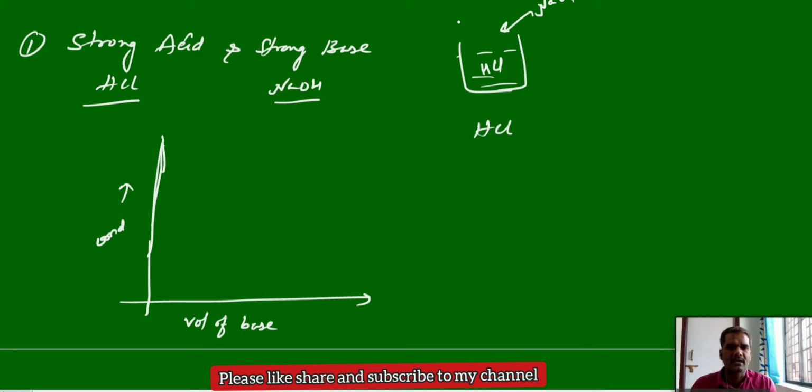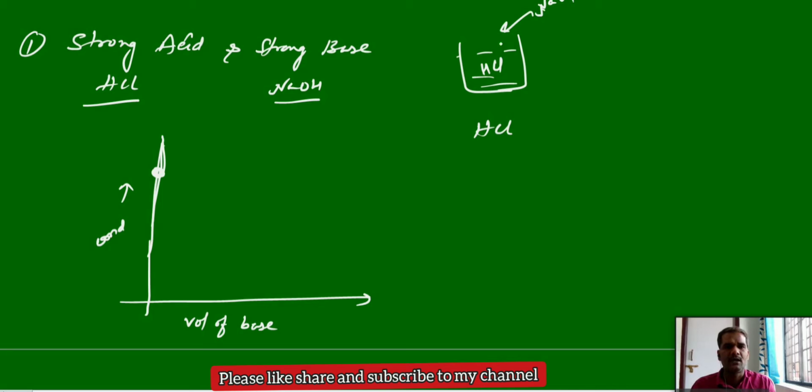Now you measure the conductance by using a conductometer. Then we can see more H plus ions and more Cl minus ions are present, so initially it shows more conductance. The conductance of HCl is seen at this point where the volume of base is 0.